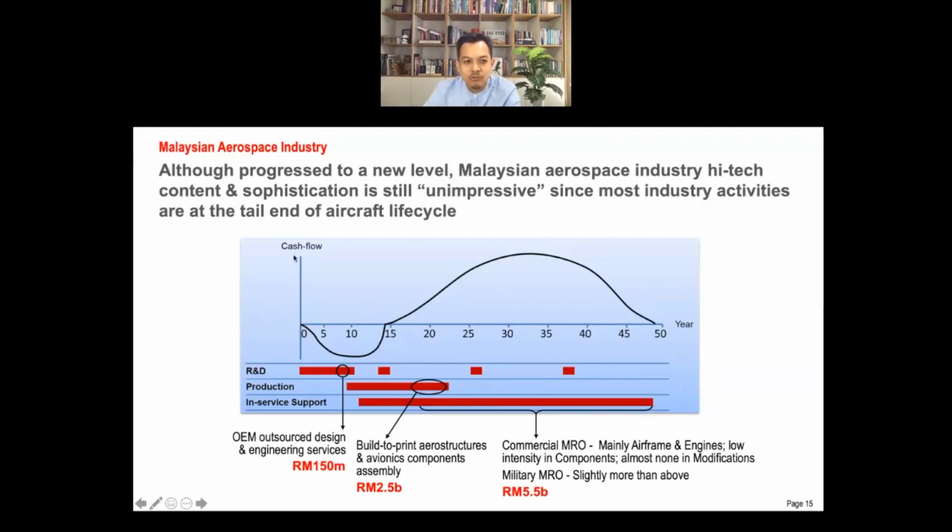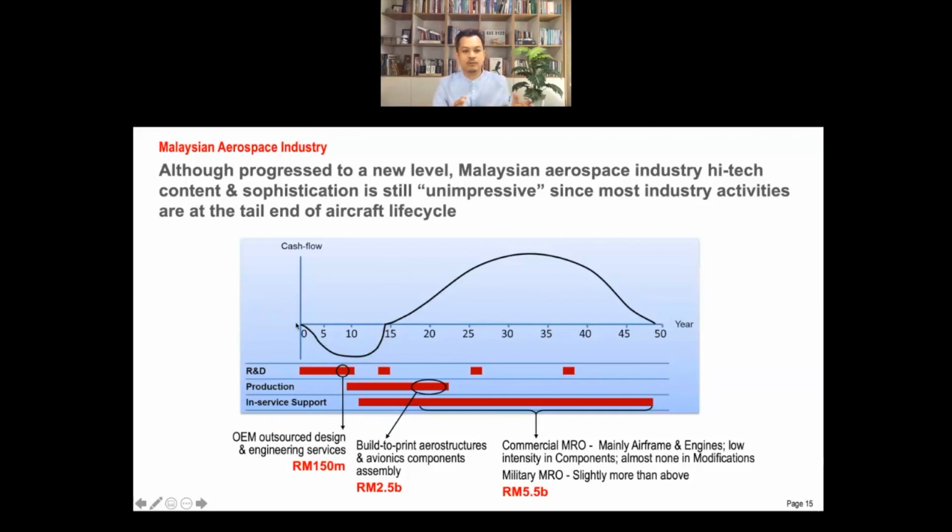Okay, so you can see here cash flow against year. What we mean here basically is that cash is being spent for the first 13 to 14 years of the aircraft life cycle. There's a lot of money coming out from the company.